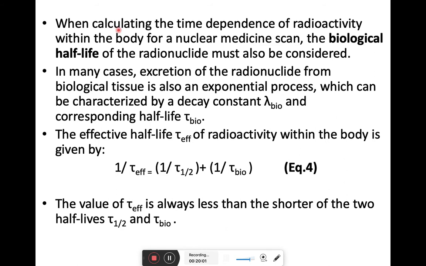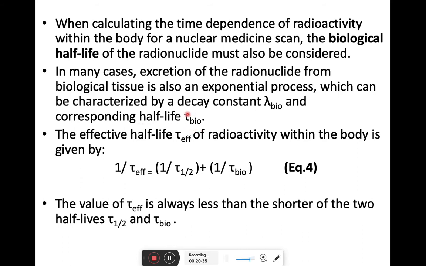So when calculating the time dependence of radioactivity within the body for a nuclear medicine scan, the biological half-life of the radionuclide must also be considered. In many cases, excretion of the radionuclide from biological tissue is also an exponential process which can be characterized by a decay constant, labeled lambda bio, and a corresponding half-life, tau bio.